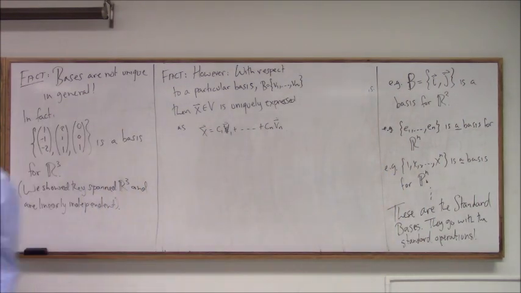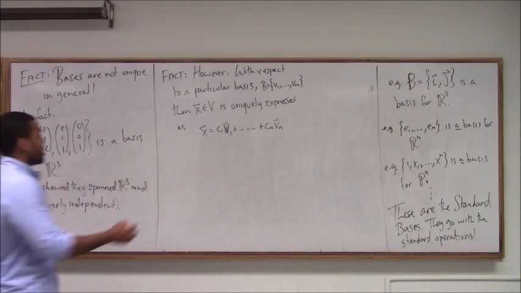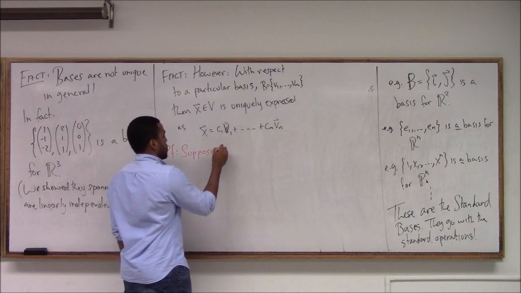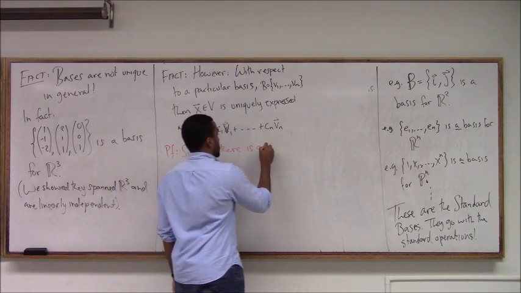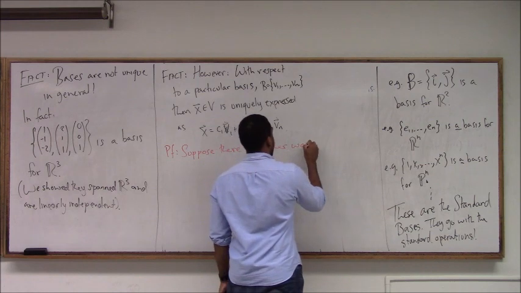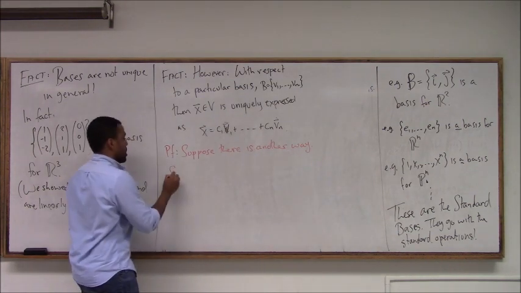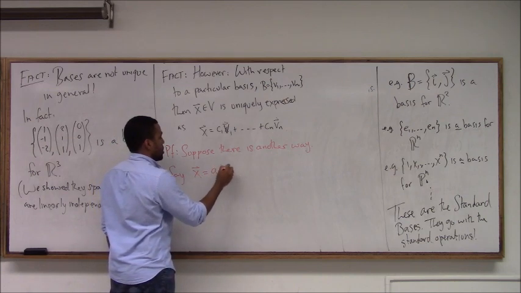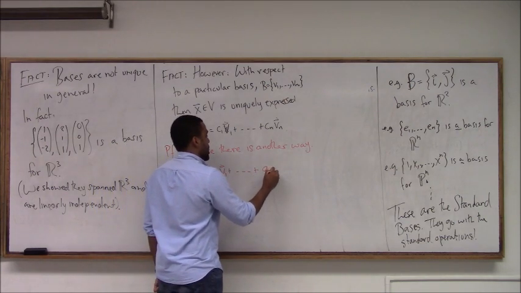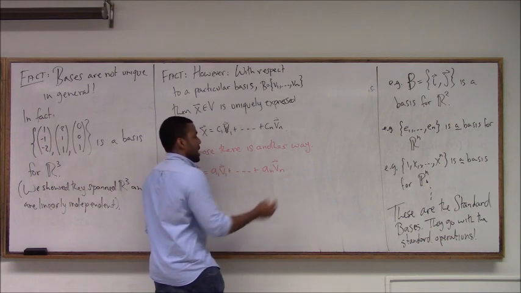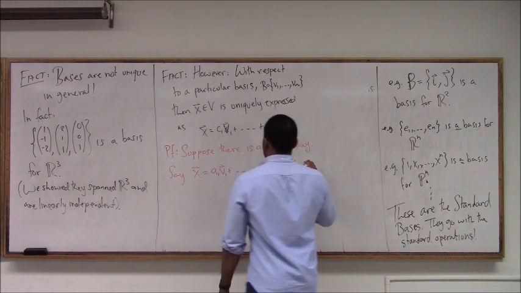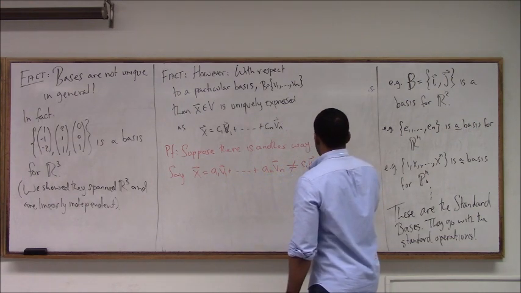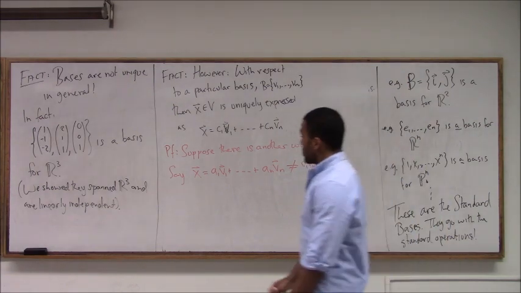And you can actually do this by a proof by contradiction. Suppose there is another way. Say I could write x as a1 v1 plus and so on plus an vn, and it's not the same as writing c1 v1 and so on plus cn vn.